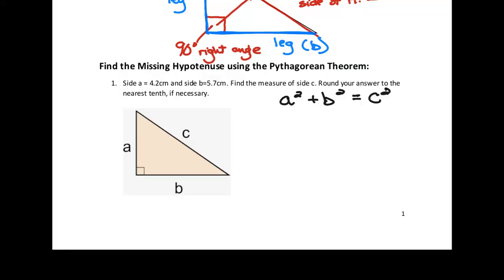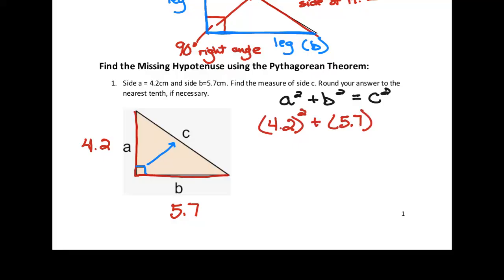Side A is 4.2. Side B, 5.7. You see in between those two legs is our right angle, and side opposite of that is C. So now we substitute in and we say 4.2, that quantity squared, plus 5.7, that quantity squared, equals C squared.